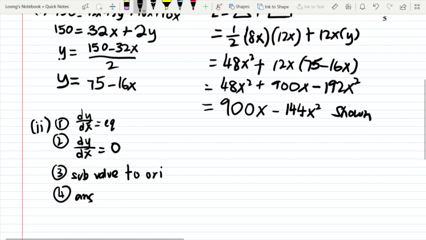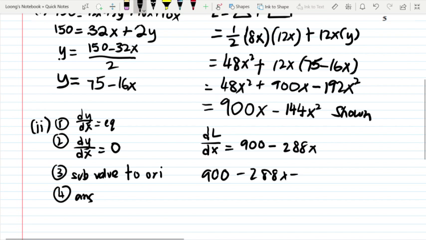So continuing, dL over dx equals 900 minus 288x, and 900 minus 288x equals 0, which means that 288x equals negative 900.